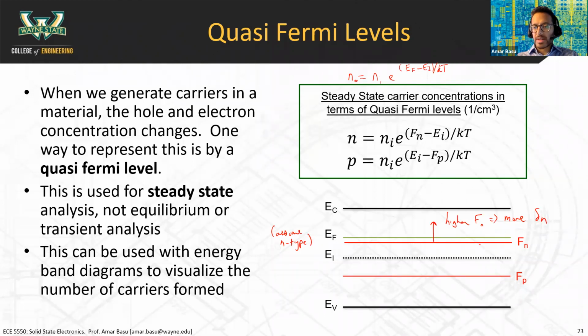If we want to move F sub n down towards E sub i, then we'd want a lower sigma n. So lower F sub n indicates lower excess electrons. Now the lowest F sub n can go is E sub i, because when F sub n is equal to E sub i, this whole exponential becomes exponential of 0, and so the electron concentration becomes n sub i.